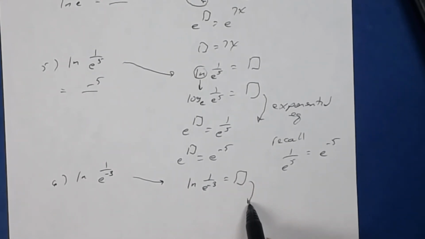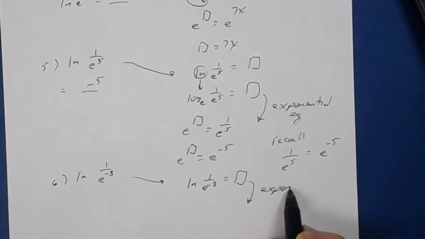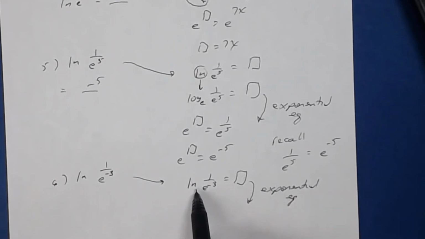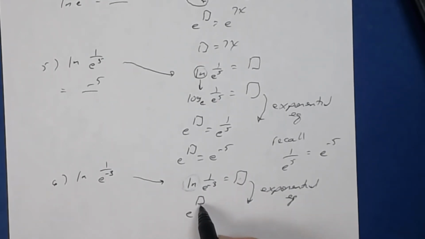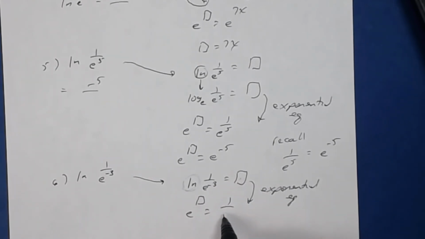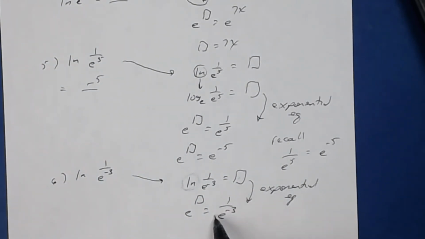So I'm going to change this to an exponential equation. And so if I change this to an exponential equation, I have to remember that natural log means log base e. So I'm going to say e to this power is going to equal the argument 1 over e to the negative 3rd. Okay? And so I'm going to rewrite this side with base e.